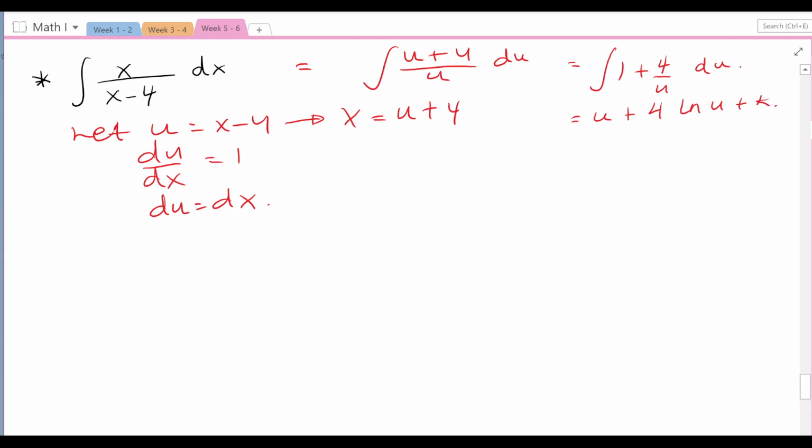Now we replace our u with x minus 4. Let me just highlight: u equals x minus 4, so u plus 4 ln u becomes x minus 4 plus 4 ln of x minus 4, plus k.